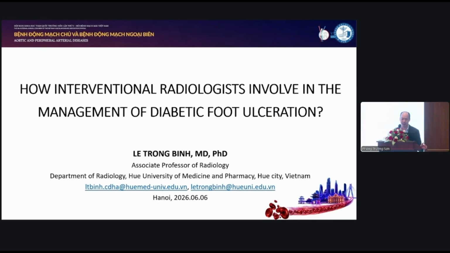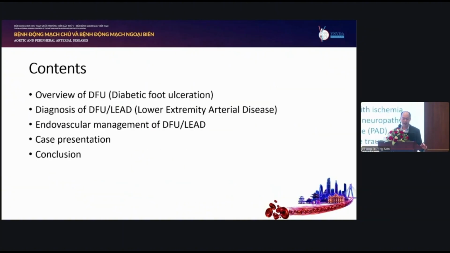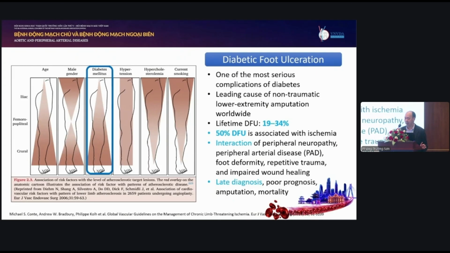No disclosures. As we may know, diabetic foot ulceration, DFU, is one of the most serious complications of diabetes and one of the leading causes of non-traumatic lower extremity amputation worldwide. Every diabetic patient may experience DFU in a lifetime, around 1/3 of the population, and 50% of DFU is associated with ischemia.